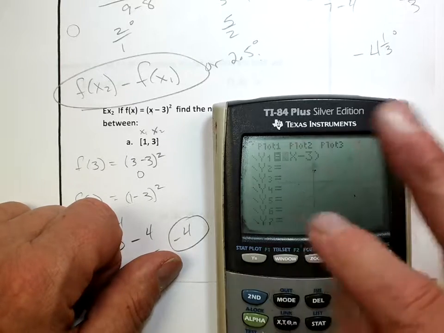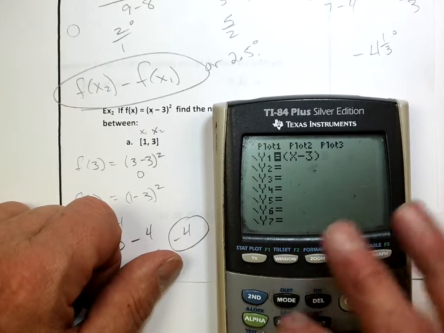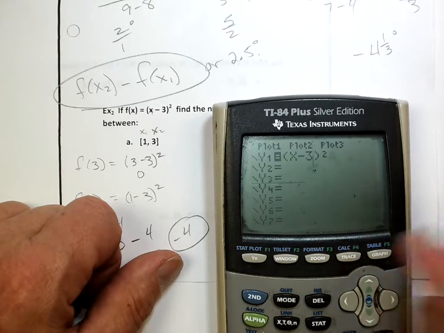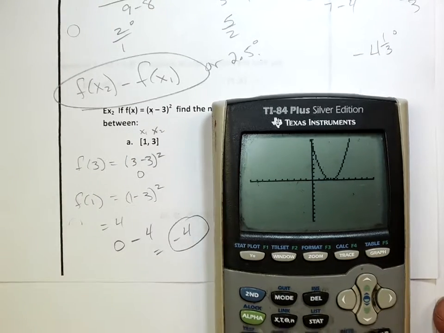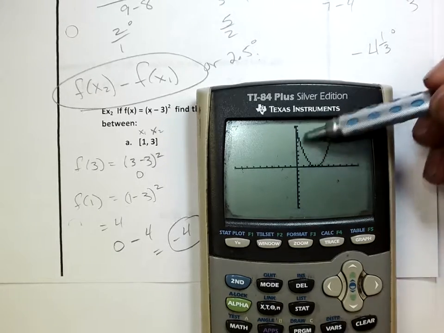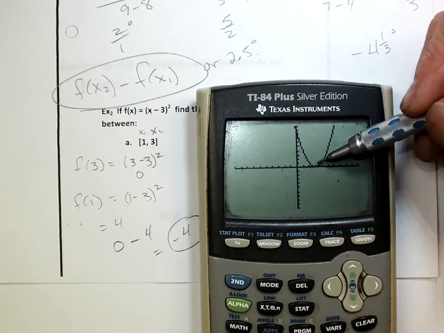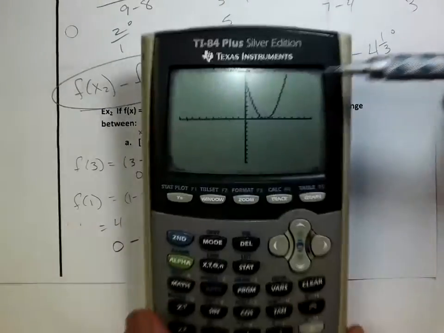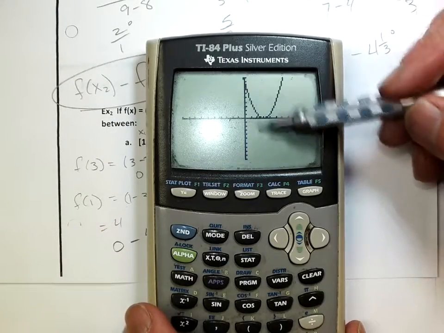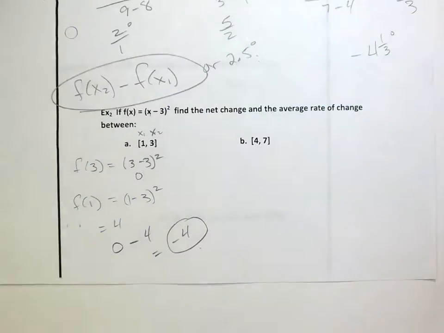My bad. Squared. Let's graph it. Okay, so look at the calculator, look at the graph. So from 1, here's the value of 1, to 3 it does drop, doesn't it? So the negative makes sense. It dropped from here to here, dropped 4 units down. There's my net change, okay?